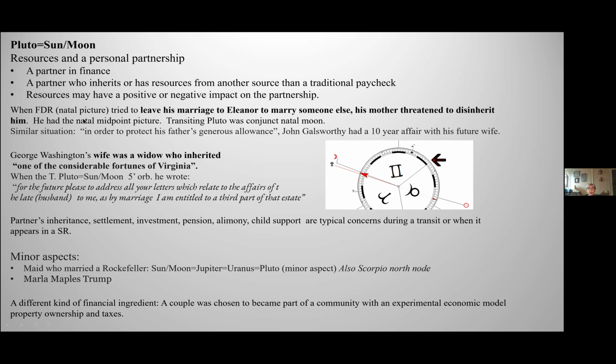So in this instance, the man, FDR, President Roosevelt, tried to leave his marriage to marry someone else, and his mother threatened to disinherit him. So he had the natal midpoint picture, and transiting Pluto was conjunct the moon when it happened. He had the natal midpoint picture, which was not triggered off, but he had a Pluto transit to the moon describing the financial event with his mother.